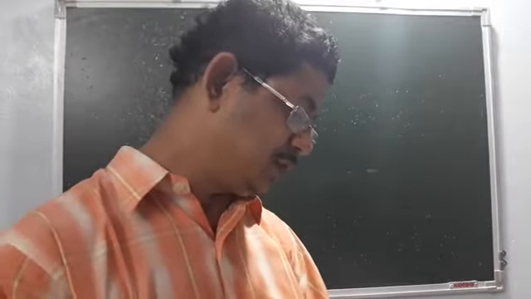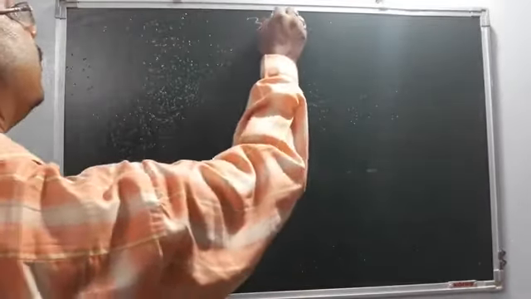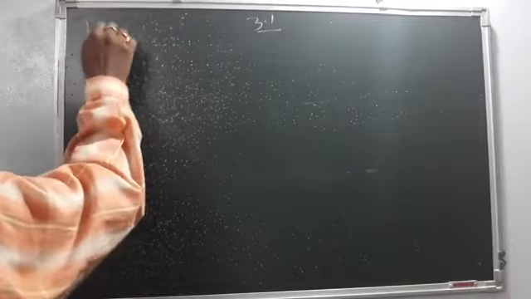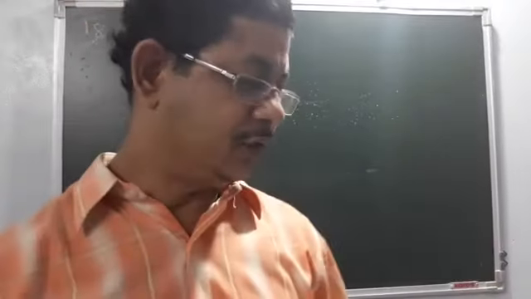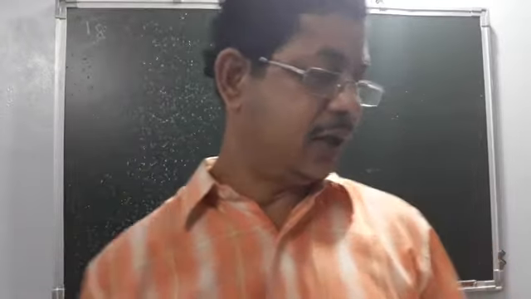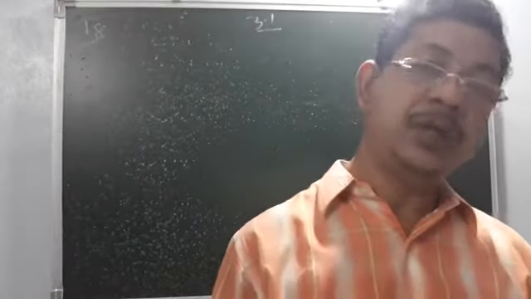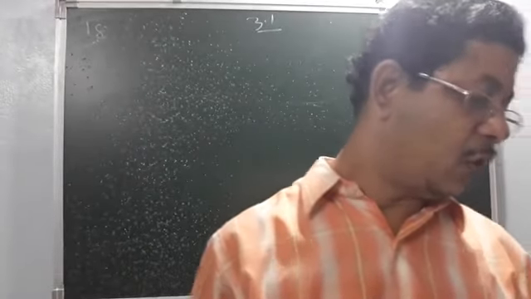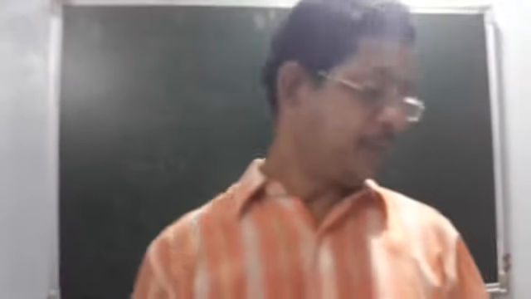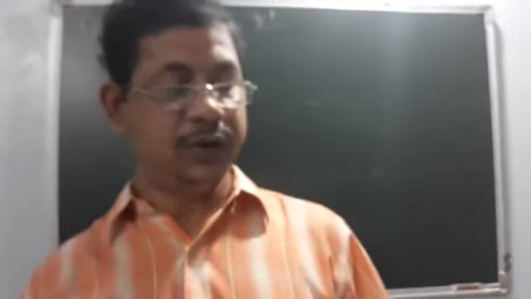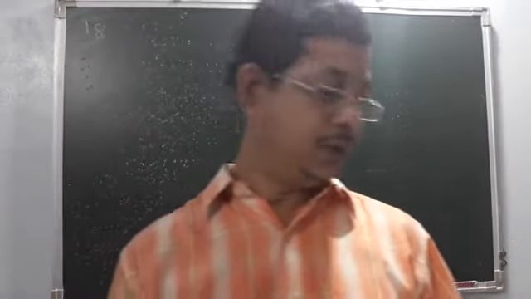So already we have done up to 17 of exercise 3.1. Today we'll do question number 18. What they said: if a set A has 3 elements and B has 6 elements, what is the minimum number of elements in A union B, and what is the maximum number of elements in A union B?